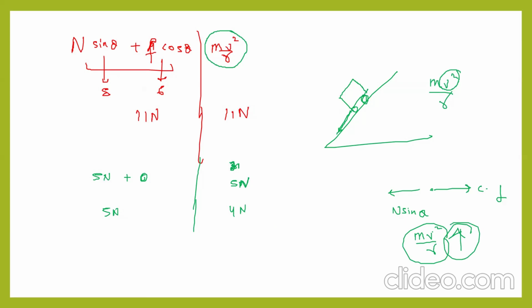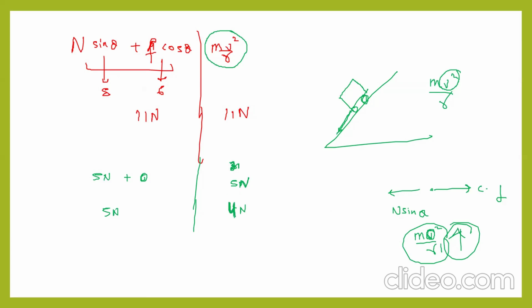Again it becomes 5. See, you are decreasing this V. When you decrease this V, this becomes 4 Newton. Then the radius will decrease, and again it will increase, again it becomes 5. My question is, even if I am decreasing my velocity, my car should not skid.